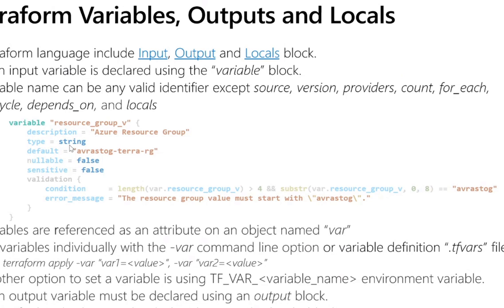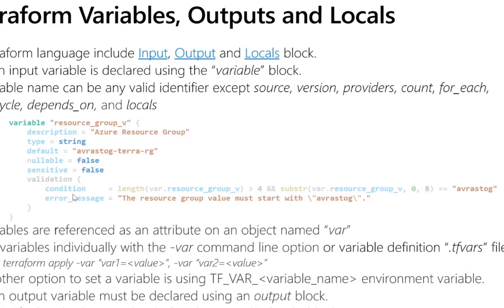In this case, we have a string and the default value. You can also specify whether the variable can be null or not, and sensitivity, that is how sensitive this variable is, whether it's an input variable or output variable. And if you specify true, then it will basically encrypt the variable information.